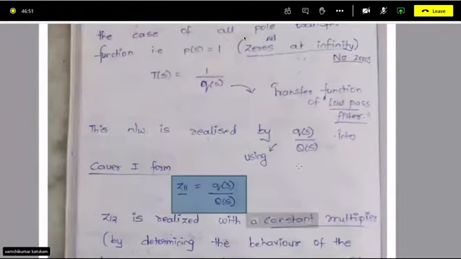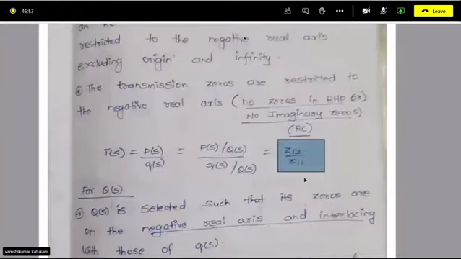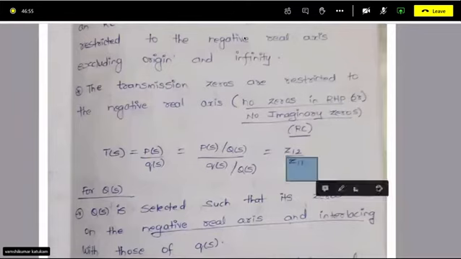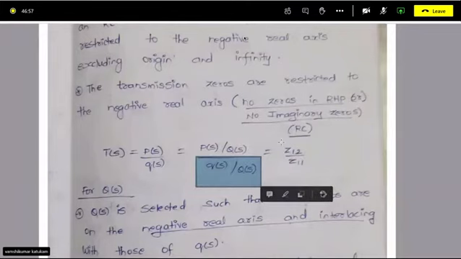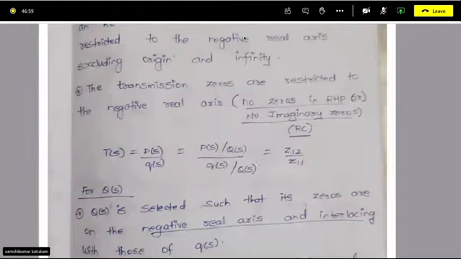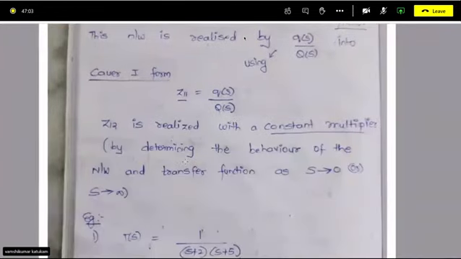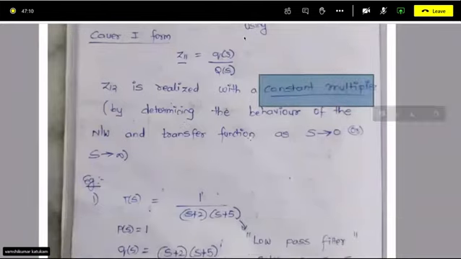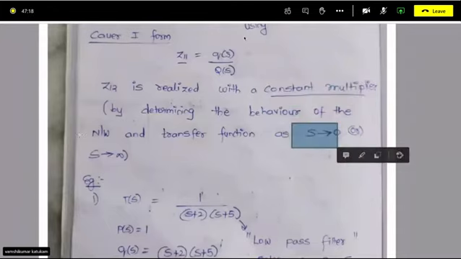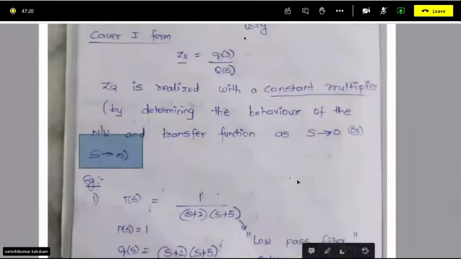And Z12 is simply obtained by determining the constant k under s equal to 0 or s equal to infinity.